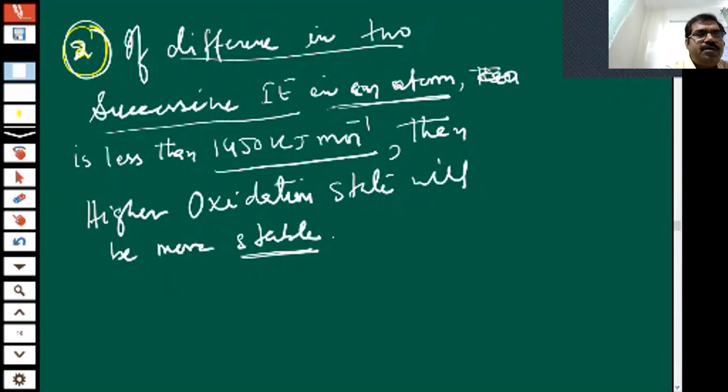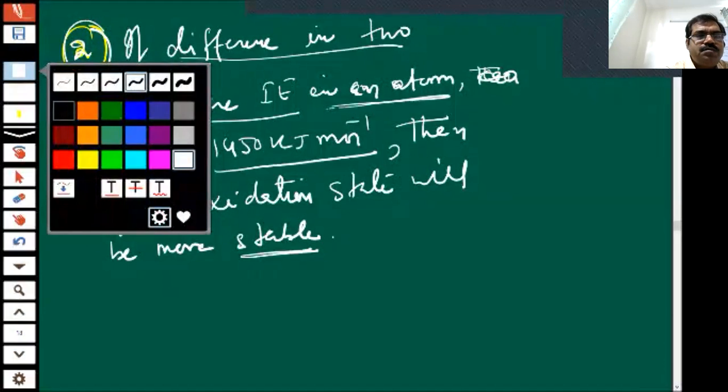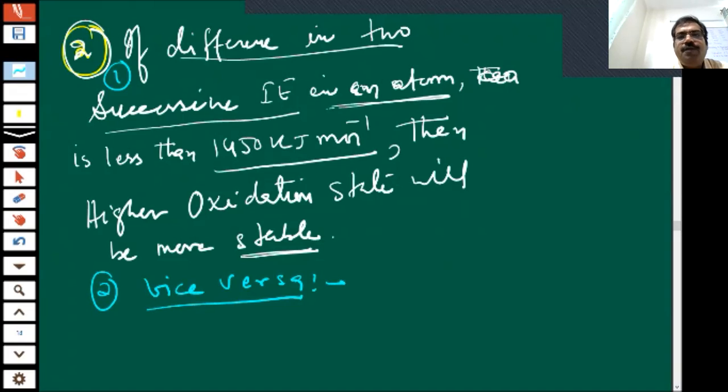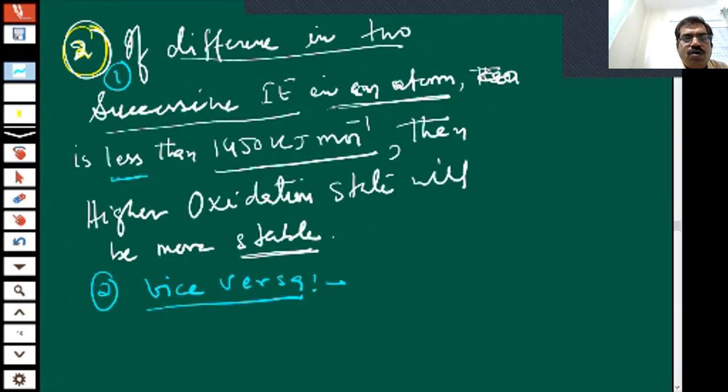This is point number 1. Point number 2, vice versa. Vice versa means if difference in two successive ionization energies in an atom is more than this, then the higher oxidation state will be less stable.